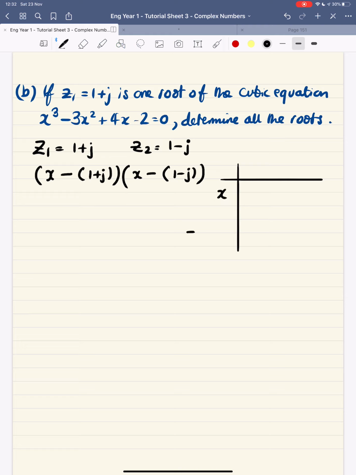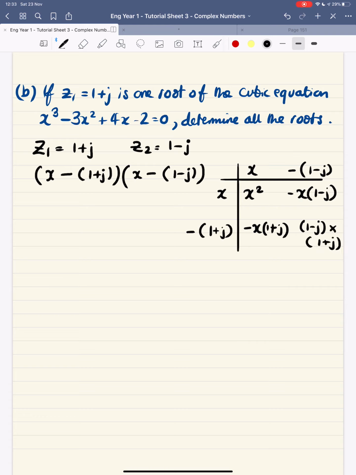x minus 1 plus j, x minus 1 minus j. So that's x squared. This is minus x times 1 plus j. This is minus x times 1 minus j. And then in this corner here we get 1 minus j times 1 plus j, because the two negatives cancel out.